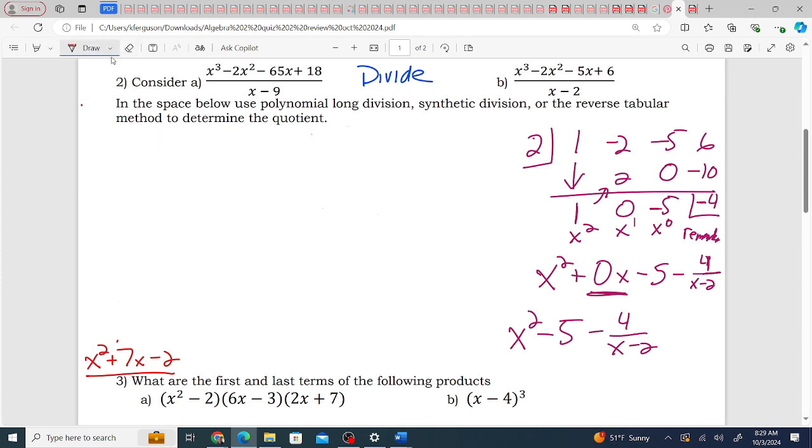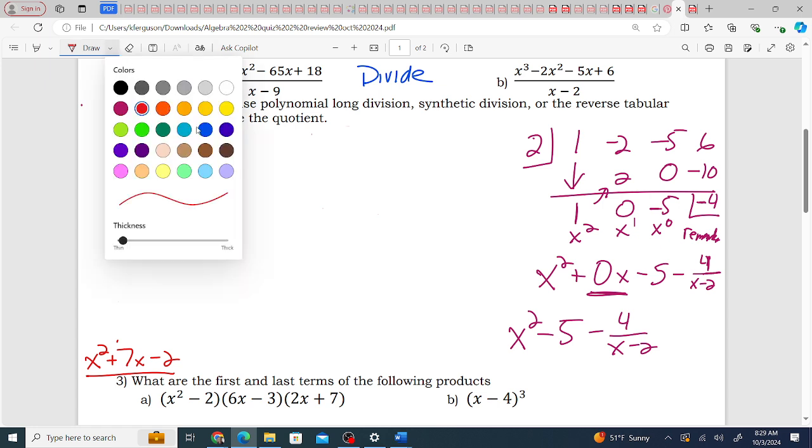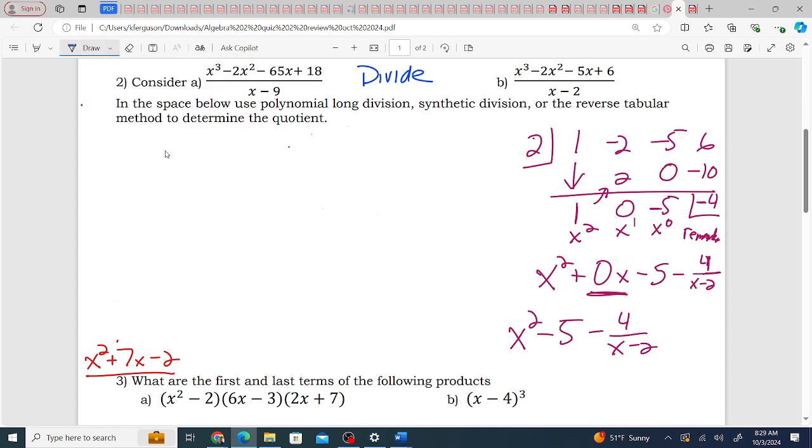Okay. So long division. I've got x minus 9, x to the third power minus 2x squared minus 65x plus 18.